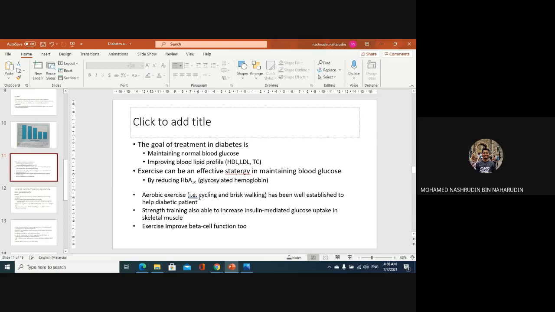So usually the type of exercise that you can use for your patient or prescribe to your patient is aerobic. For example, cycling and brisk walking. Okay, because usually cycling and brisk walking are types of aerobic exercise that your patient can sustain longer.